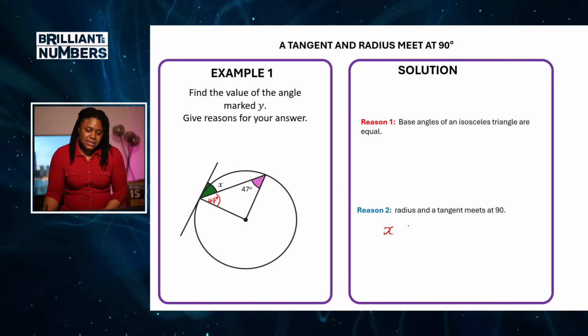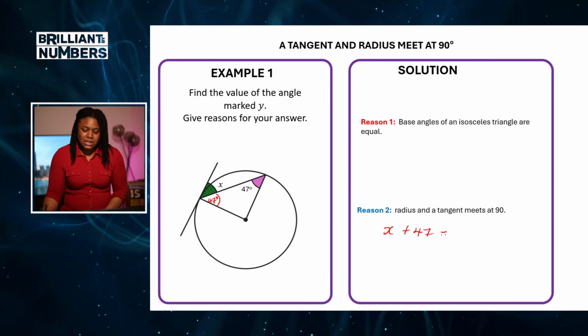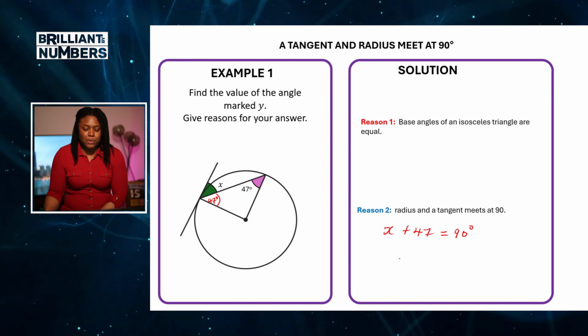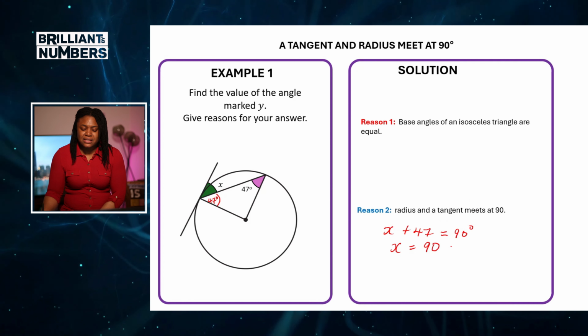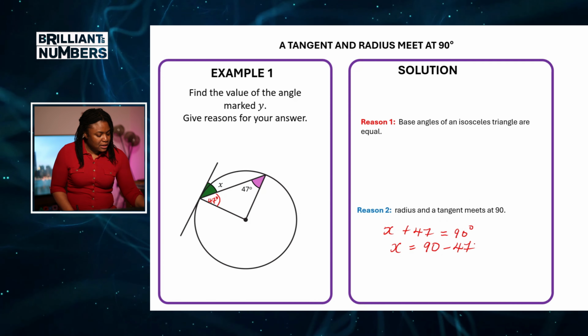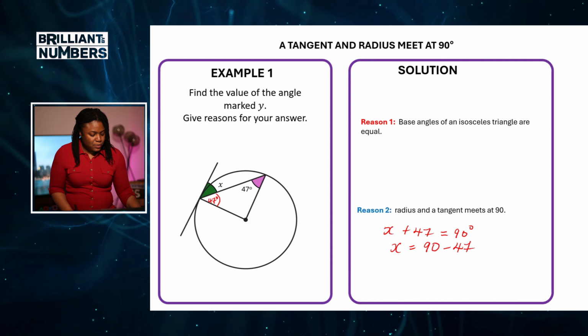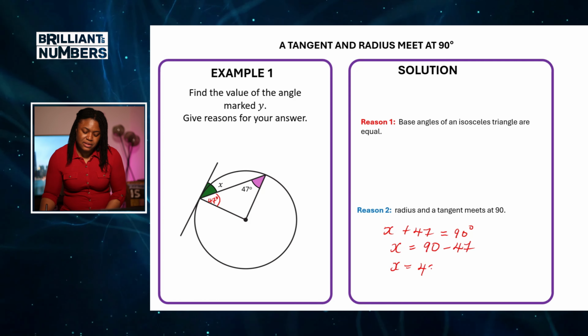Therefore, x add 47 has to be equal to 90 degrees. And then I know I need to do the inverse of my operation. Therefore, I'm going to do x will be equal to 90, take away 47 degrees. Again, put that in my calculator quickly. So 90 take away 47 will be equal to 43. So my answer is 43.